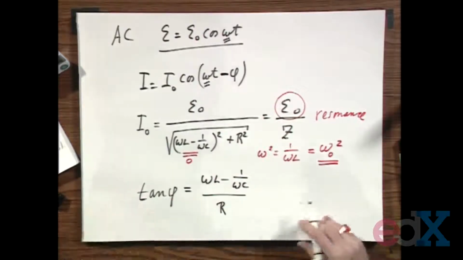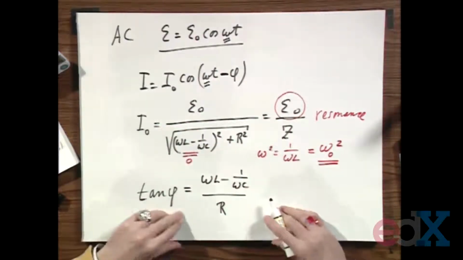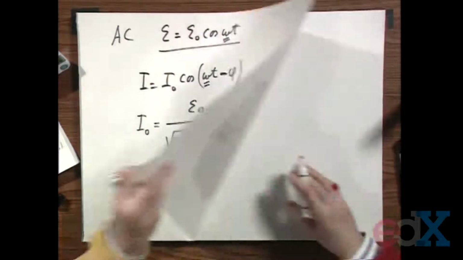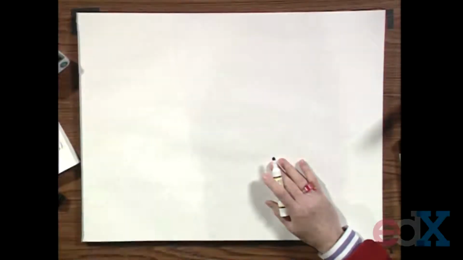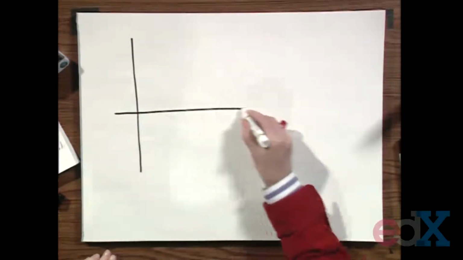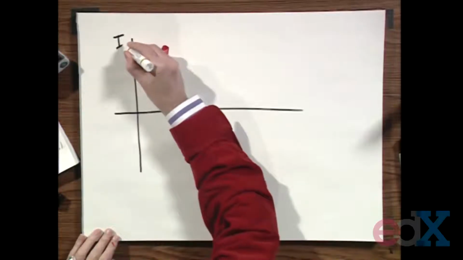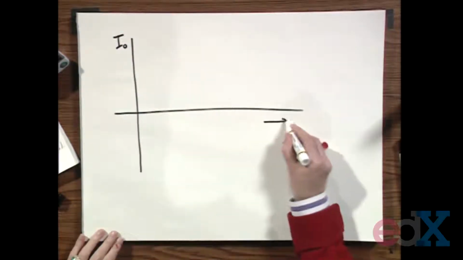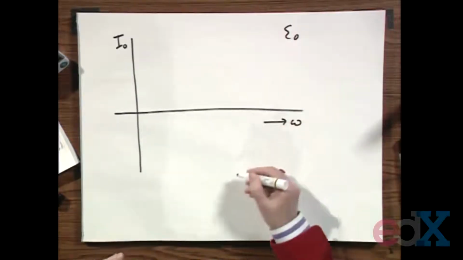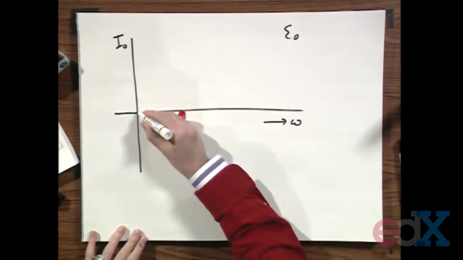If I make a plot of I0 as a function of omega, then you'll see that it always peaks at omega equals omega 0. So this is now only I0, the maximum current, which I plot as a function of omega, and I keep E0 constant.